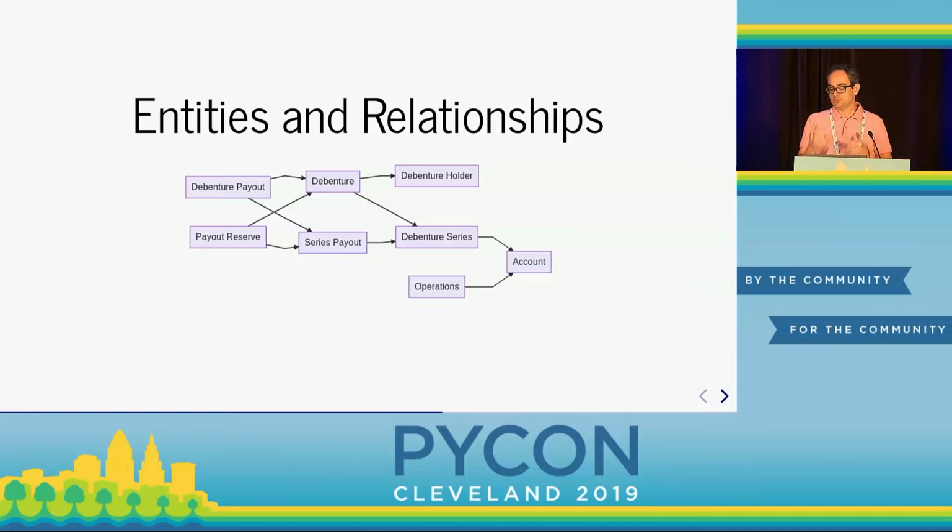So a debenture is associated also with the debenture series, which points to the account. And every month, we do a series payout. We collect everything that was paid, everything that was left behind that should have been paid before, contrast with everything that was paid, and calculate the records that represent the payment.